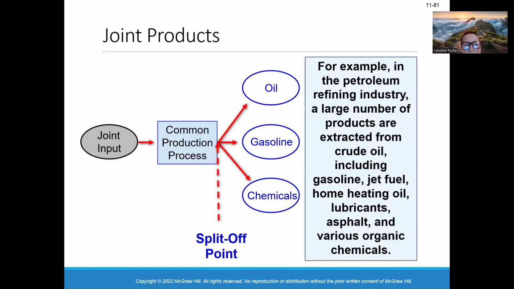All right, so our example here is with petroleum products. You've got crude oil that goes through a common production process, and then at the split off point, we can make it either into oil, gasoline, or petrochemicals.